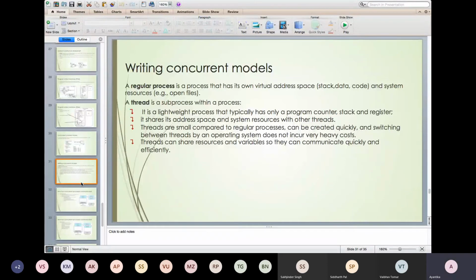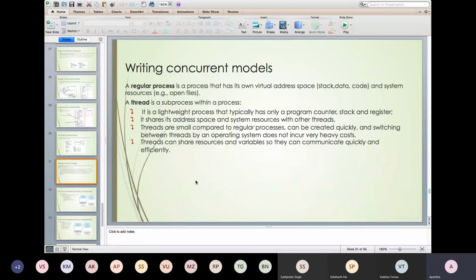So now, writing concurrent models, what are the steps? Of course, you can write them as regular processes, or a lightweight technique is to take help of threads. Threads can be thought of as lightweight processes.